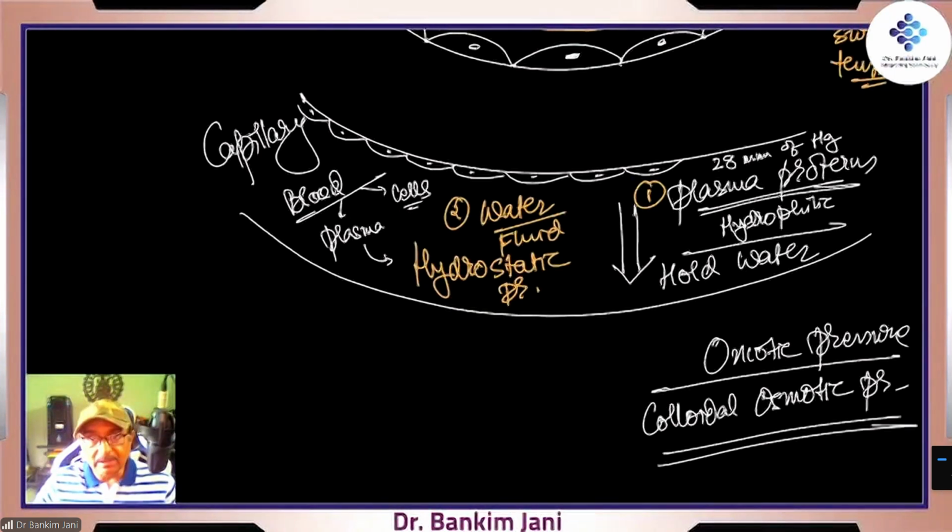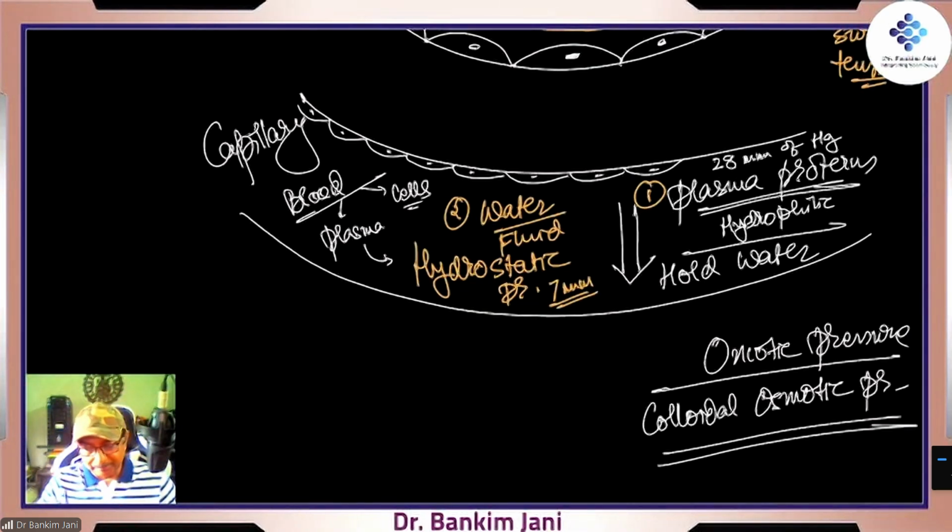This hydrostatic pressure will always be interested in leaving, right? Let's throw the water out. That is what it will always try to do. Now this hydrostatic pressure, again very much controlled, is about 7 mm of mercury.